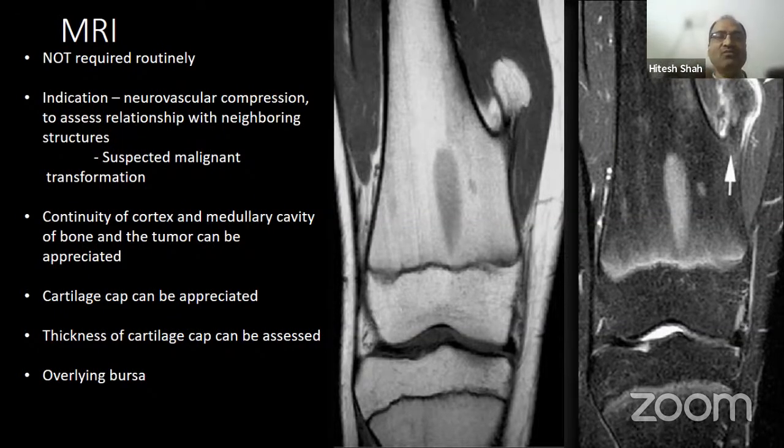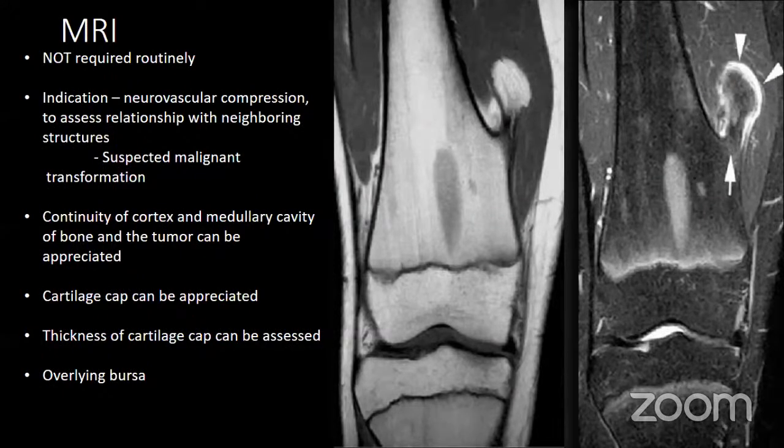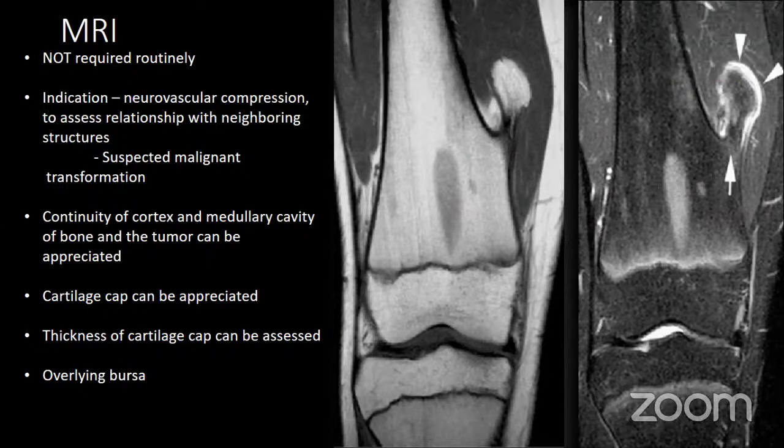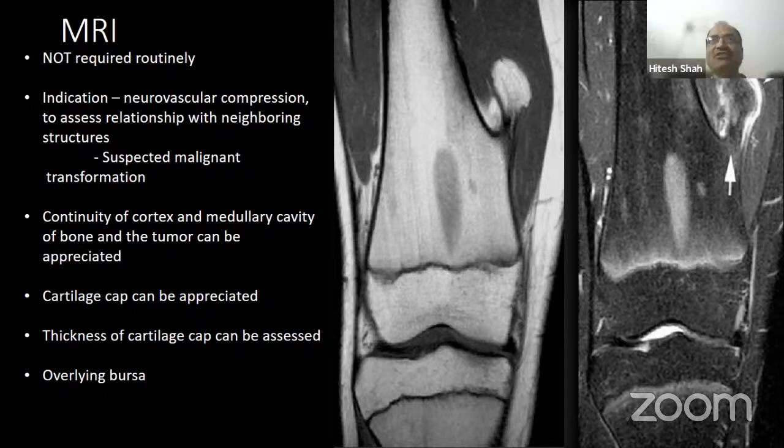Can anybody answer what could be the reason for pain in case of osteochondroma? Malignant conversion, sir. Very good. Fracture of the stalk. Very good. Compression of neurovascular structures, sir. Very good. It's also written. Bursitis. Yes, it is also common.